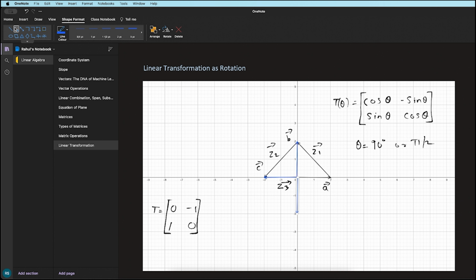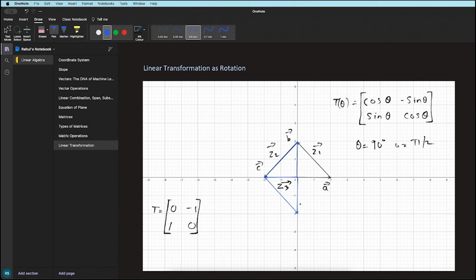Now when I join these vectors, that is here A to B, then B to C, you can see that the original triangle got rotated by 90 degrees. So this is the power of the linear transformation as a rotation. We can transform any shape using the transformation matrix.